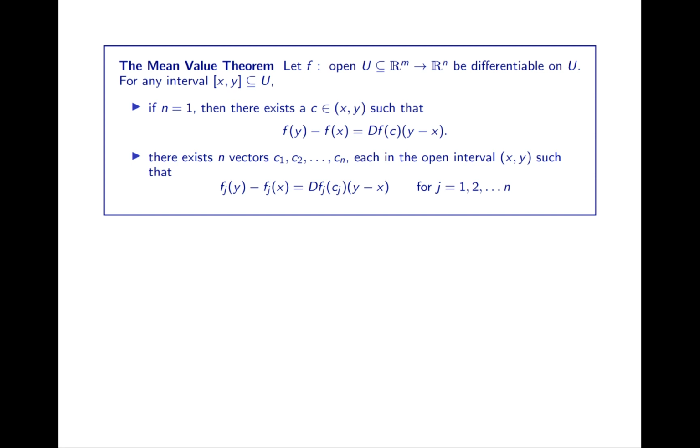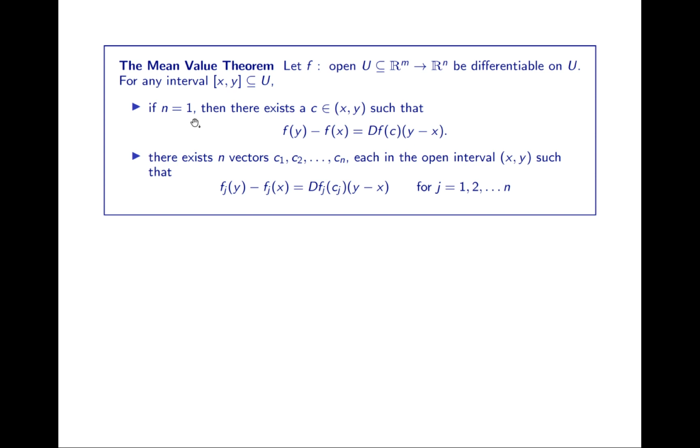So let f map an open subset u of Rm to Rn. Suppose it's differentiable on all of u, this open subset. Then for any closed interval, remember this closed interval is the line connecting the two coordinates x to y, including x and y, for any interval contained in u, if n is 1, there exists a c along that open line for which f of y minus f of x is the derivative of f at c.